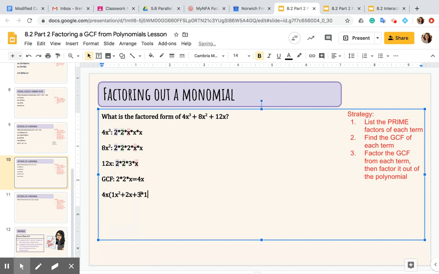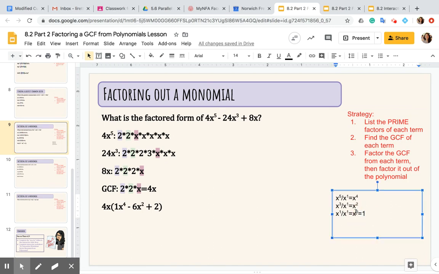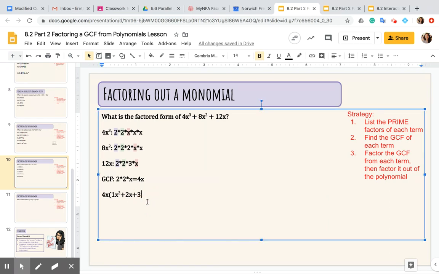I don't put the times 1, and it's not times x, right? If I did x divided by x, like in this last slide, look what happens. You get an exponent of 0. Anything to the power 0 is just going to be 1. There are no more x's on this last term. It is just 3. Here's what I'm left with on the inside, and if you're not sure if you got it right, multiply to see if you match the original question. 4x times 1x squared gives me 4x cubed.